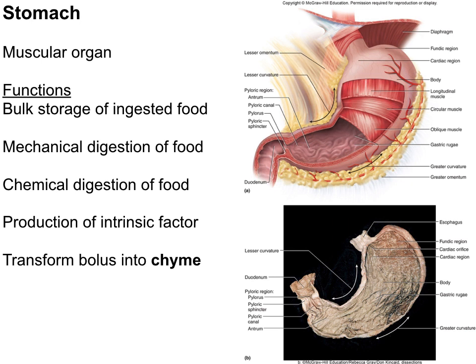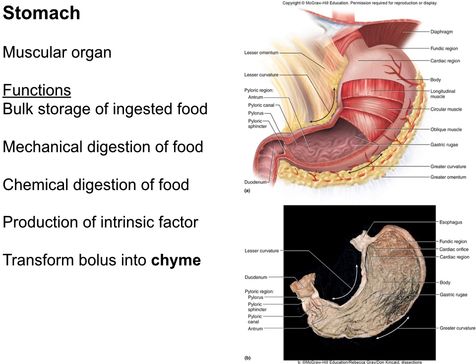One is just bulk storage of ingested food. You eat a lot at one sitting. Even if it's just a small snack, you eat a volume that if it was to move at that volume into the small intestine, your small intestine would actually rupture.